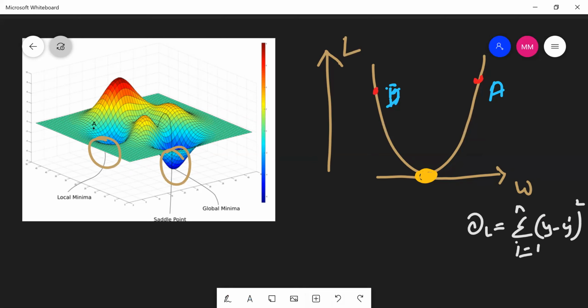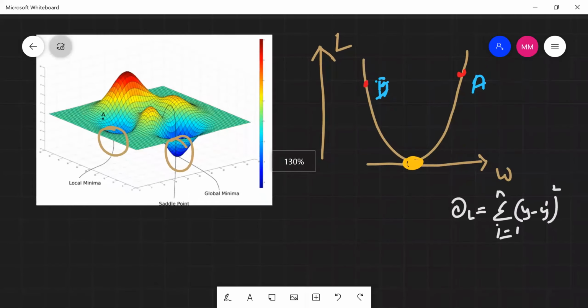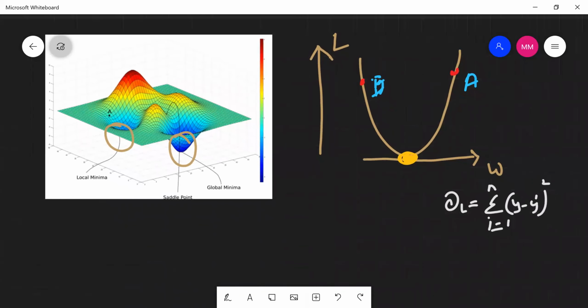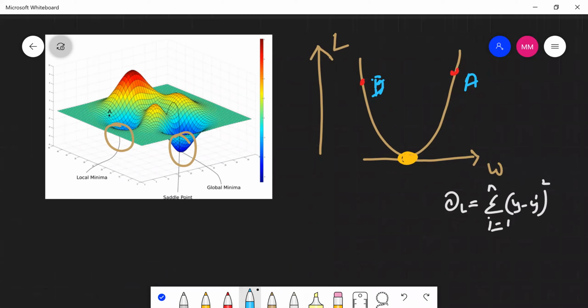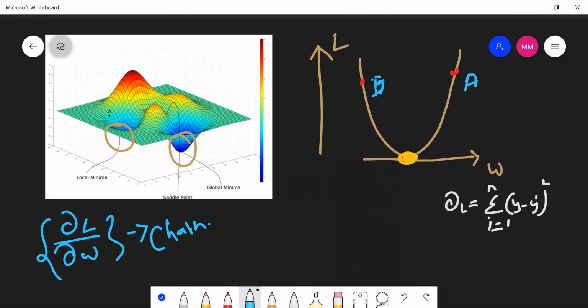When we want to find the derivative of the loss function with respect to weight, I told you we will be using the chain rule. We already saw what the chain rule is and how to calculate it. If you haven't seen that, please do watch that video.